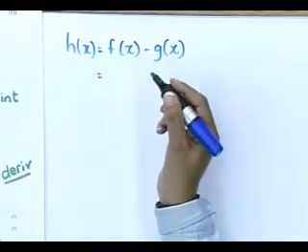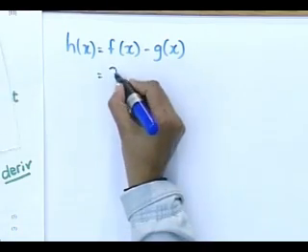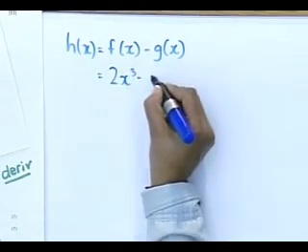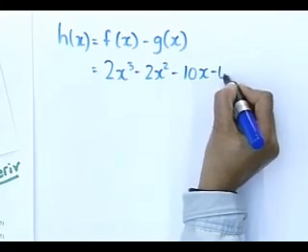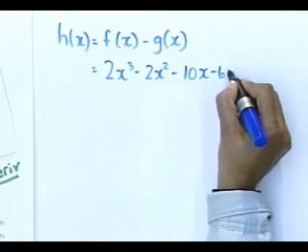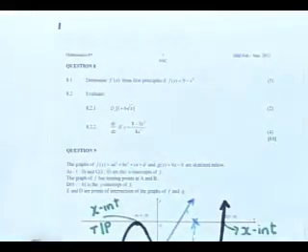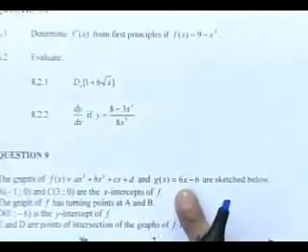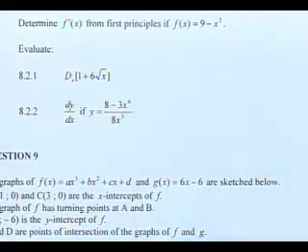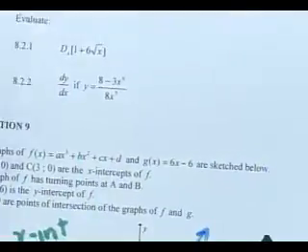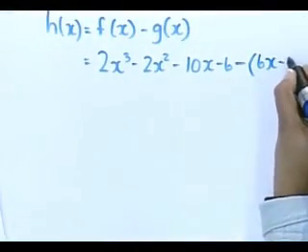Now, f of x we worked out. f of x was 2x cubed minus 2x squared minus 10x minus 6. You still got that, hey? Minus g of x. g of x was given to us right at the beginning as 6x minus 6. It is the equation of your straight line. So it's minus 6x minus 6.